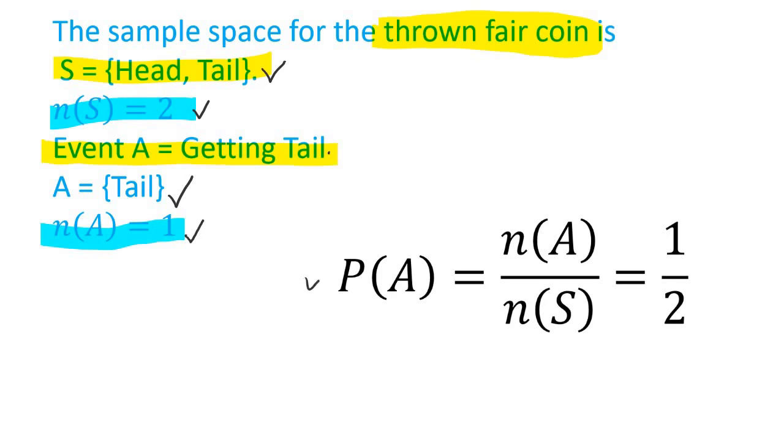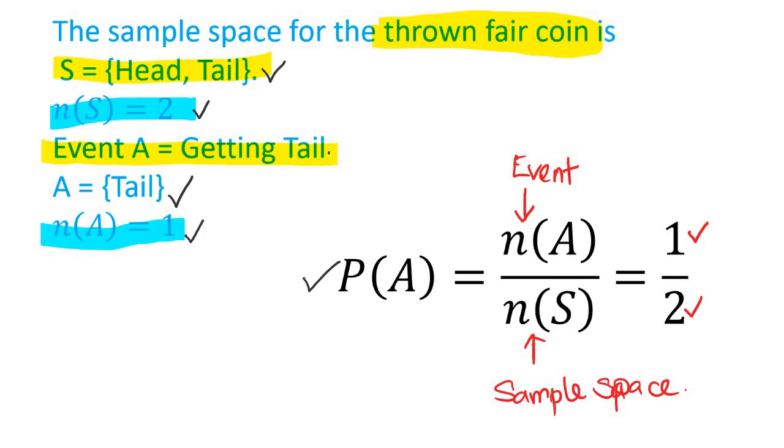Probability is equal to the number of events over the number of sample space, so I can get 1 over 2. So this is the fraction of the probability of getting tails. Okay, so we look at another example.